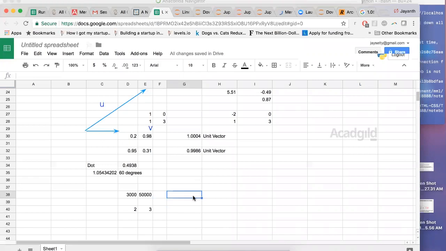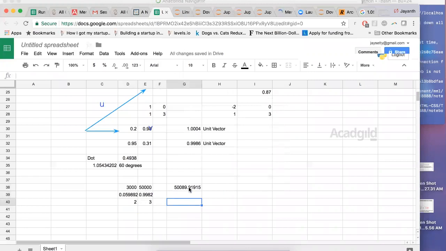To find the angle between them, the first step is I need to scale. I need to bring down 3,000, 50,000 to workable numbers. How do I do that? I first find the magnitude, and now I scale it down. Did you see this? So 3,000, 50,000 is actually 0.06 and 1.